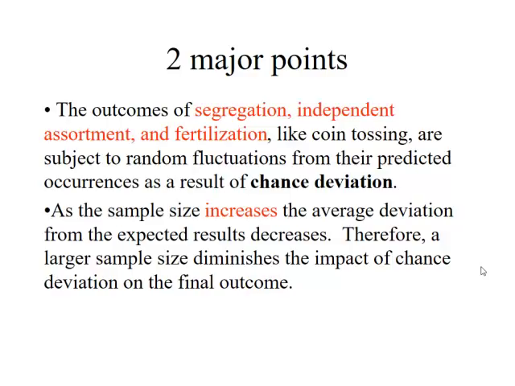But like anything else, this is subject to chance deviation or random fluctuations. Now, the larger the number of crosses we do, we expect to see smaller differences, a smaller impact of chance.